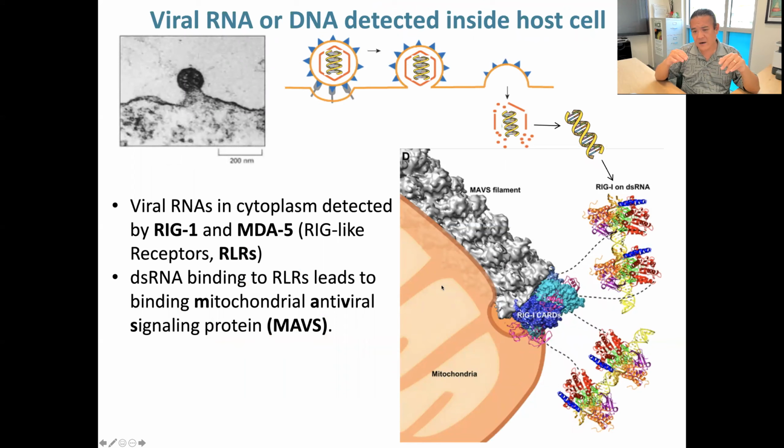So how are viral infections detected by the cell itself that's the victim of this infection? Inside the cell, we have a system of detecting certain types of molecules that are real hallmarks of viruses.